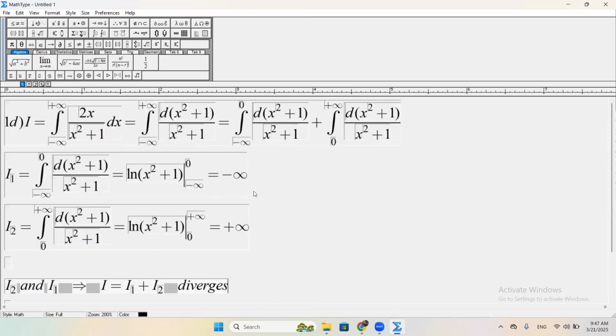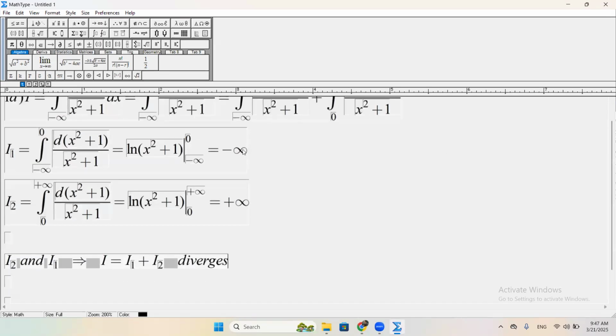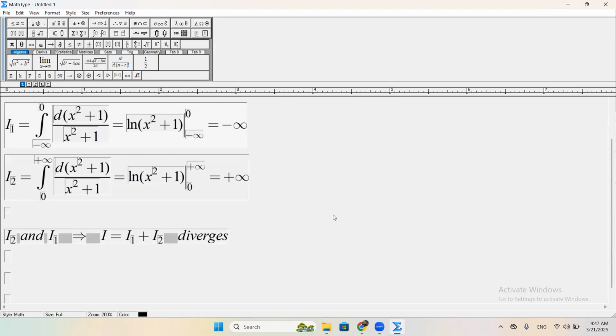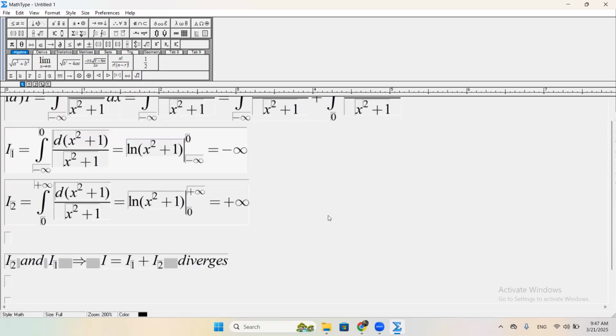I did it this way in order to not get minus infinity plus infinity, which would reduce to indeterminate forms. So any questions about this exercise?